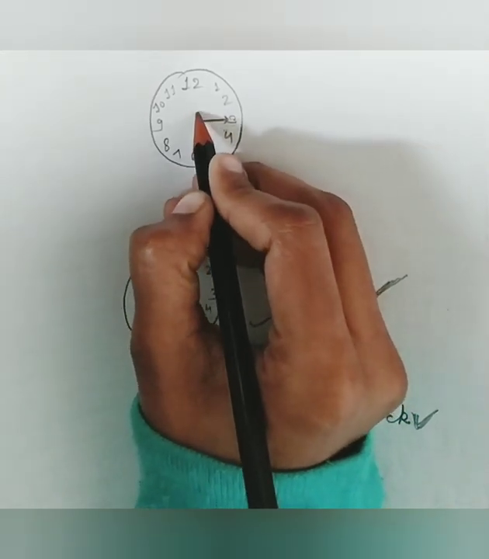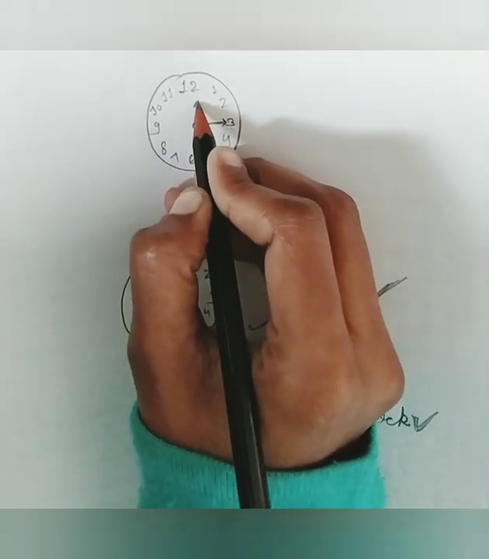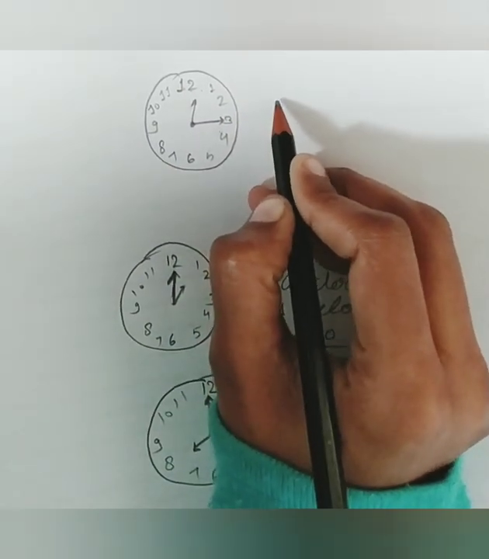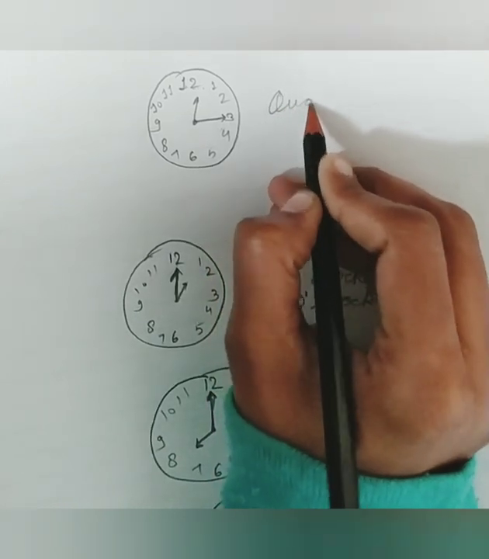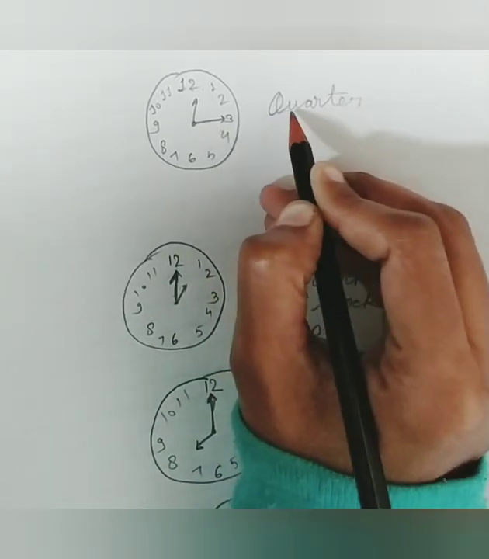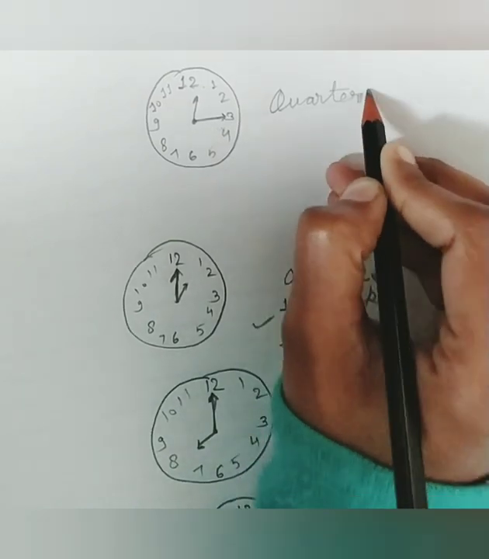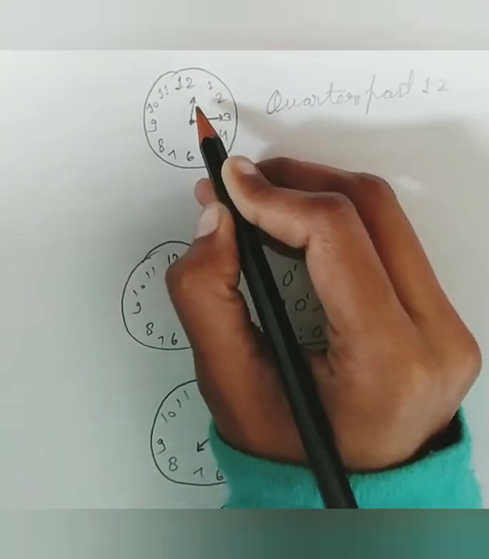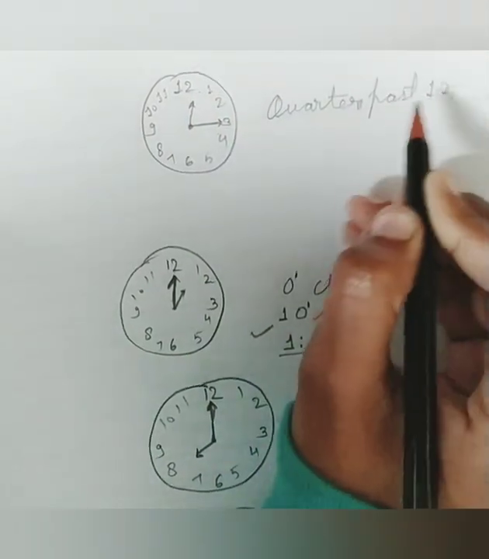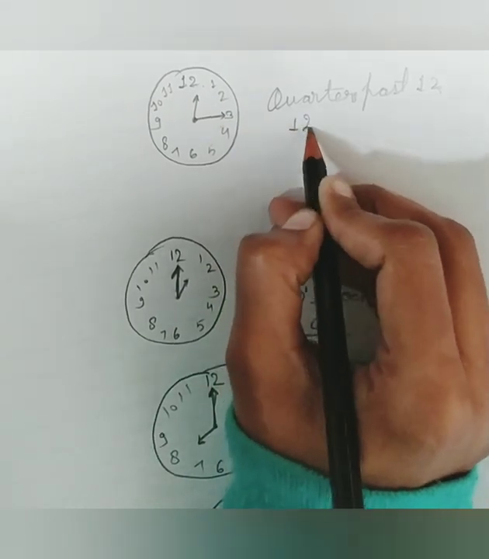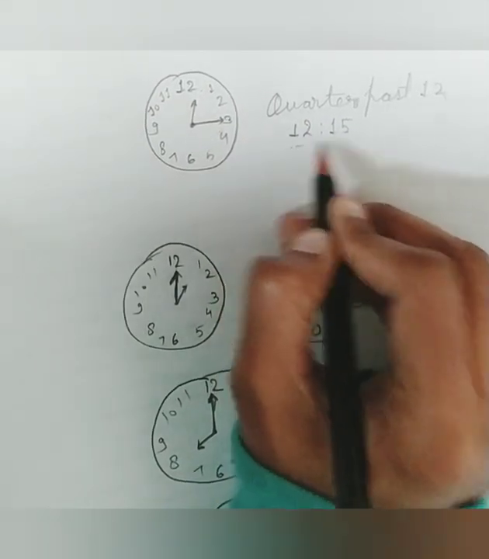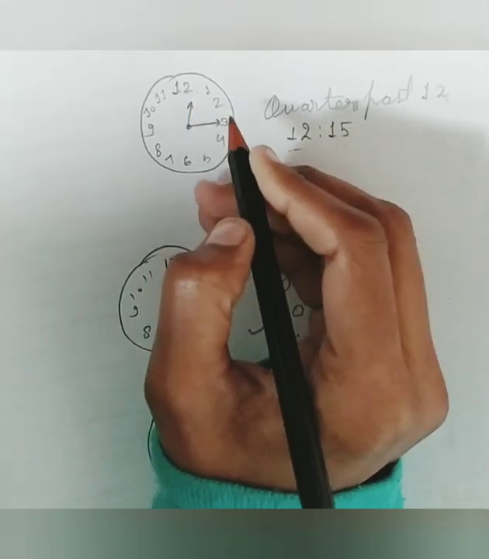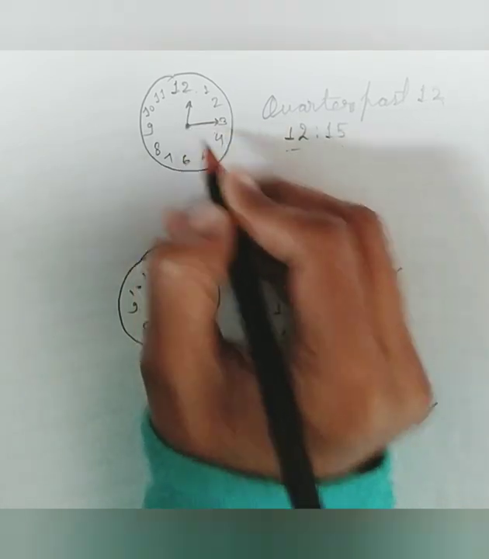Like if I set the small hand near the 12, not on the 12, near the 12, you can say here the time is quarter past 12, or in another way you can say the time is 12:15.